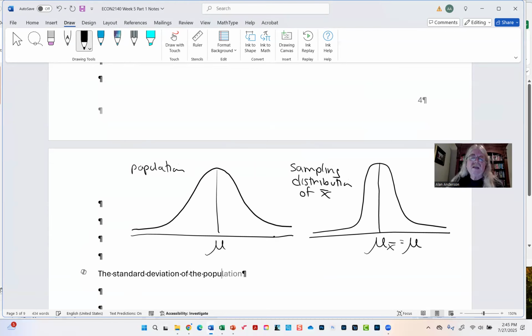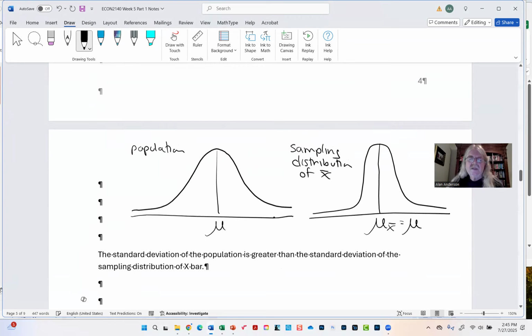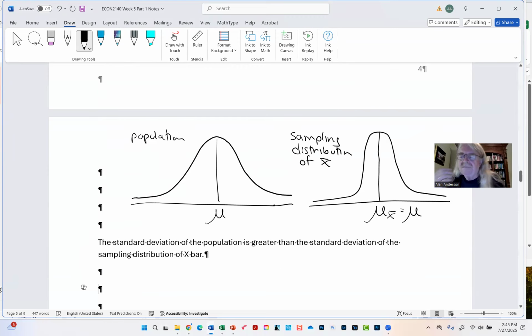Or you can think of it the other way around. The standard deviation of the population is greater than the standard deviation of the sampling distribution of X bar. When you see the formulas, you'll understand why.